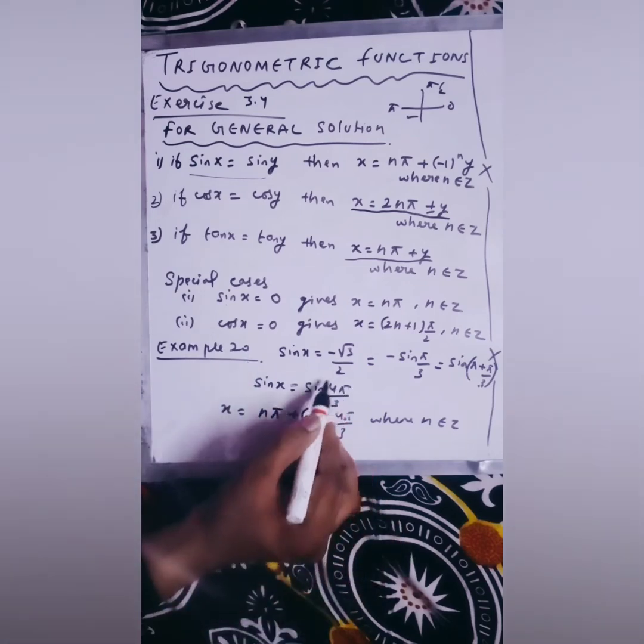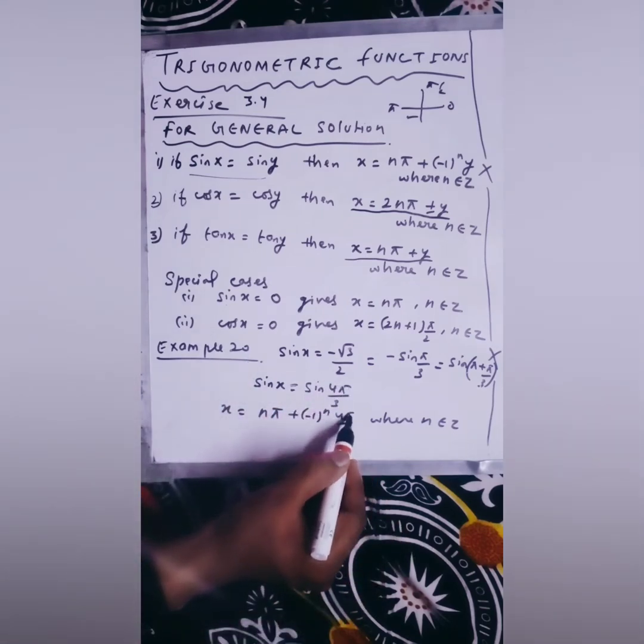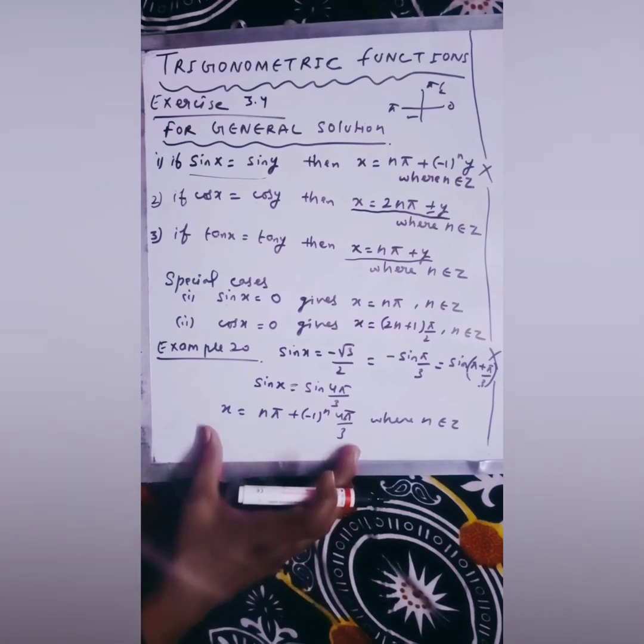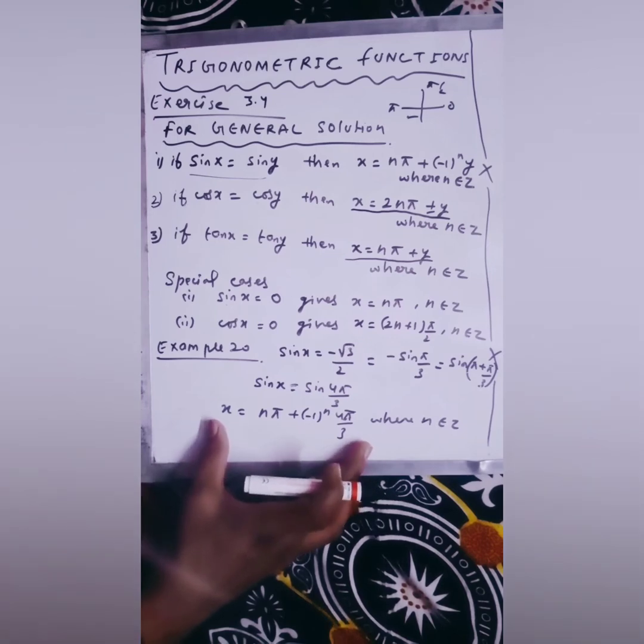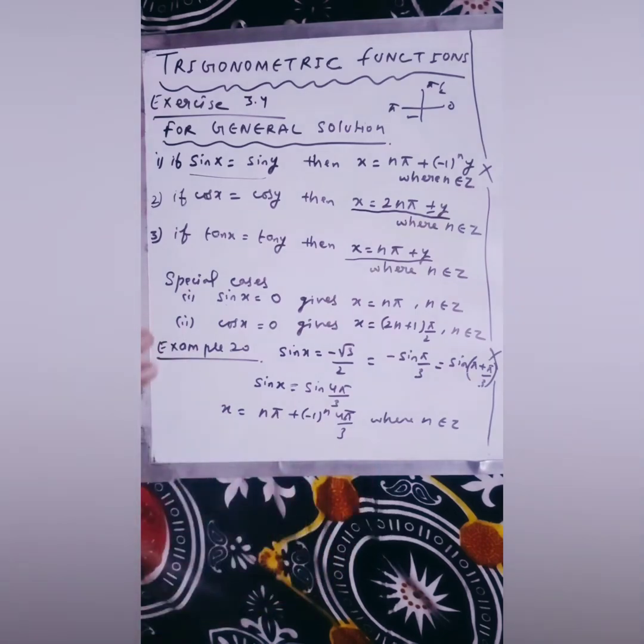In place of y you put this value. So this is the general solution of question number 20. This is how you can find the general solution. Got it? This is how you can solve this question.